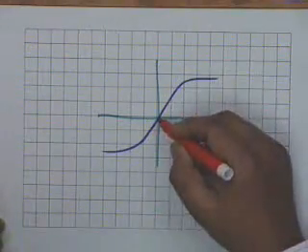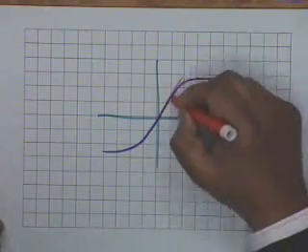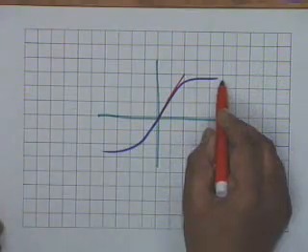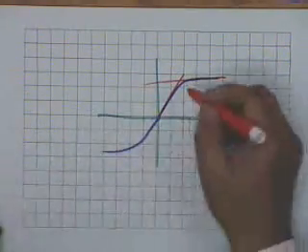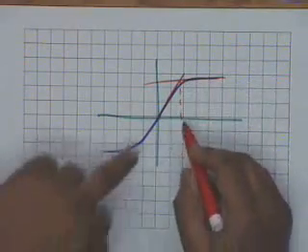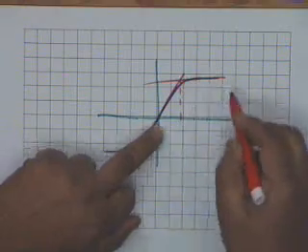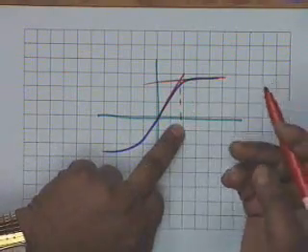For example, this part is fairly straight, so you approximate this part of the characteristic by a straight line like this, and the rest of it by another straight line like this, whose slopes are different.